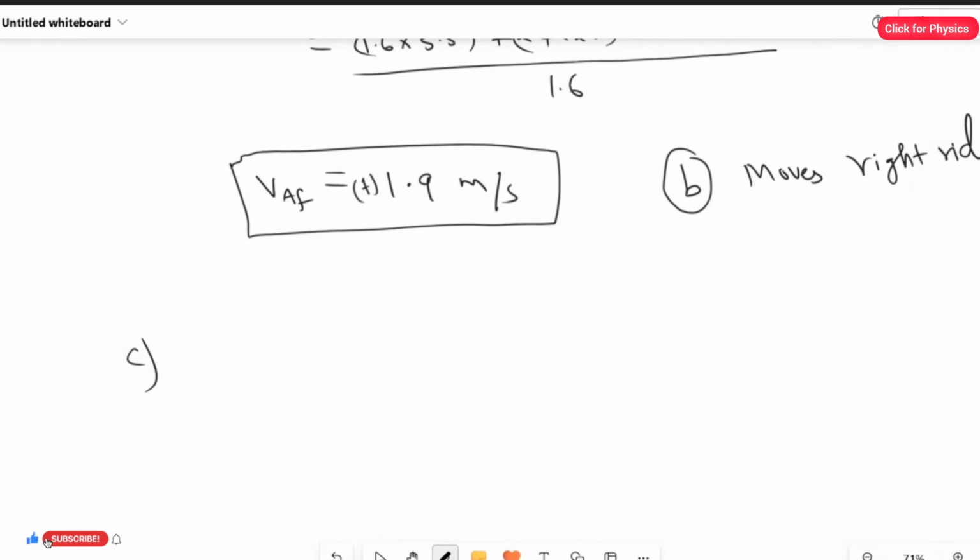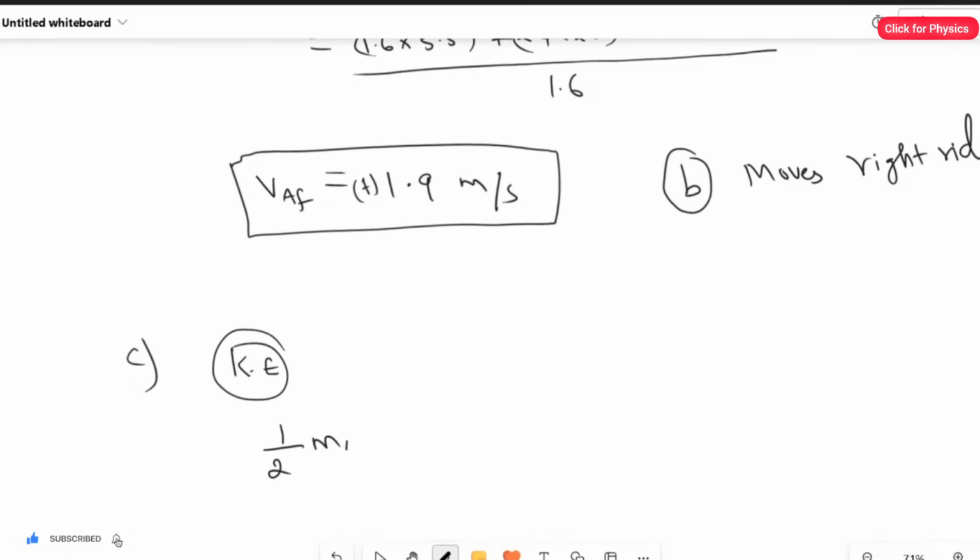So let's substitute the formula first. For finding whether the collision is elastic or inelastic, what do we have to do? We have to use the kinetic energy principle. Clear? So what is the kinetic energy formula? Half m v squared. So let's substitute the formula here for the first part.